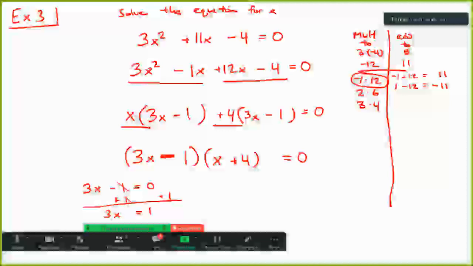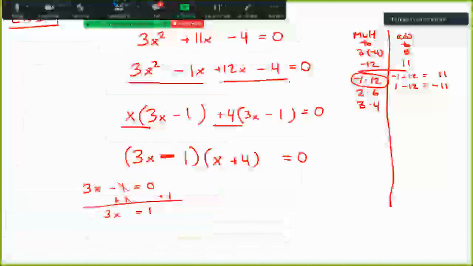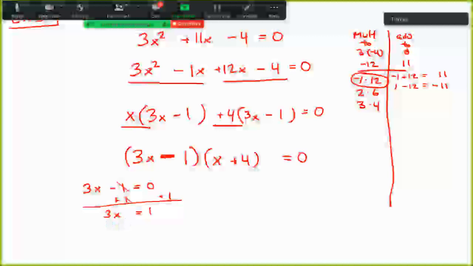Divide both sides by 3 and we get x is 1/3. And the faster one will be x plus 4. You've probably already figured out it's -4. If x plus 4 is equal to 0, x has to be -4.